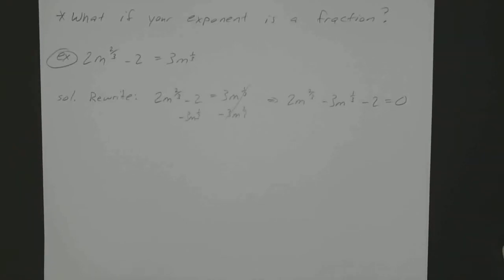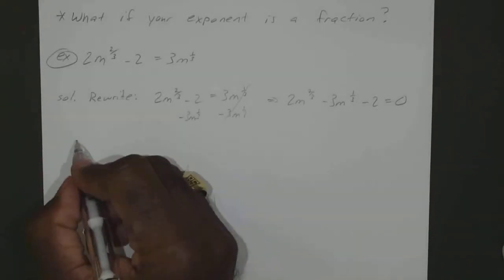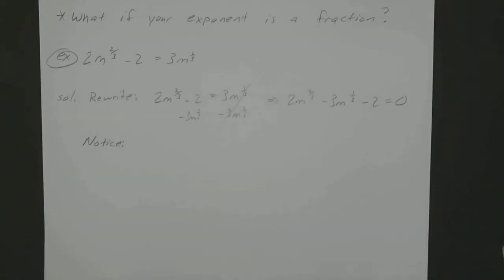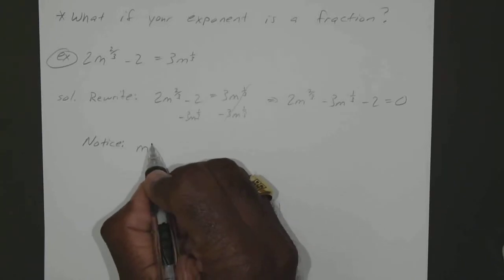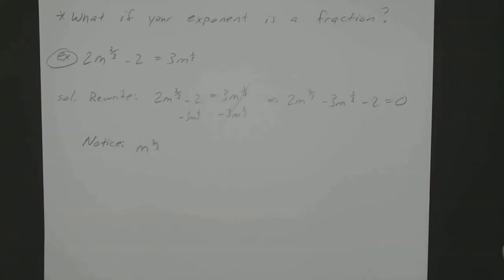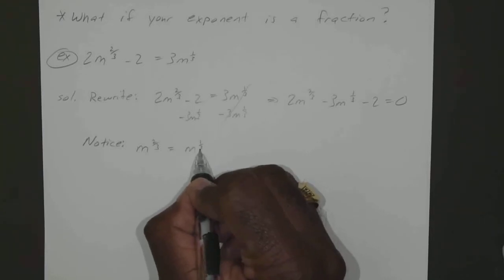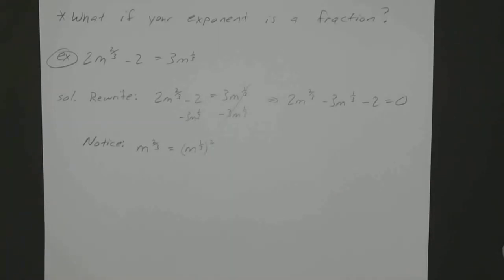Okay, so now if you have everything on one side, the one thing you want to notice is that m to the 2/3 power is equal to m to the 1/3 power squared.